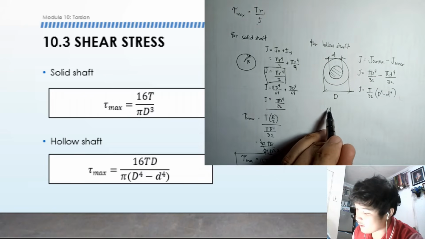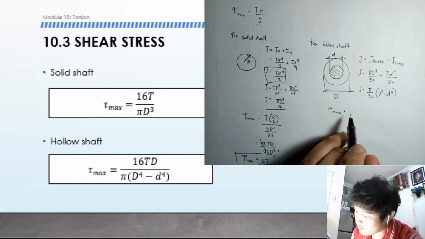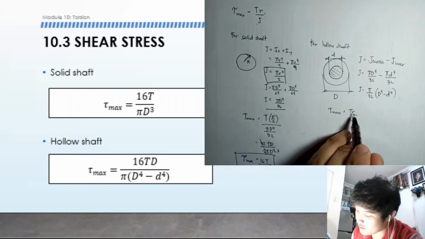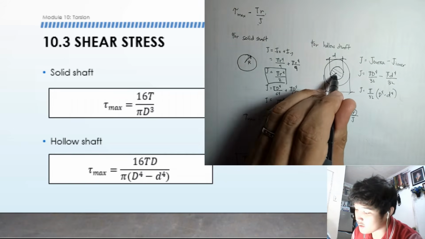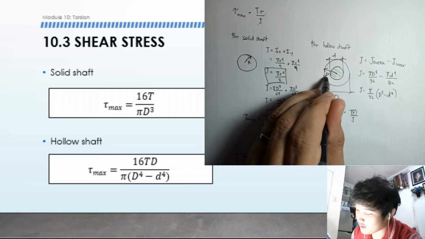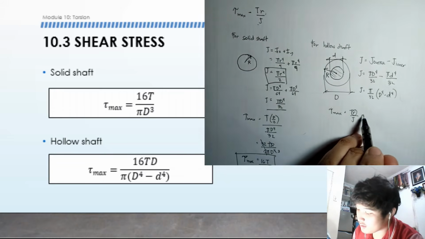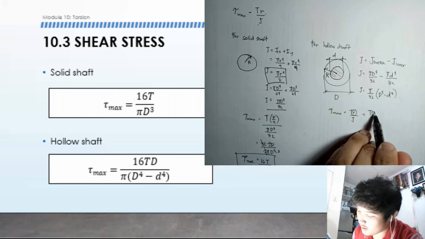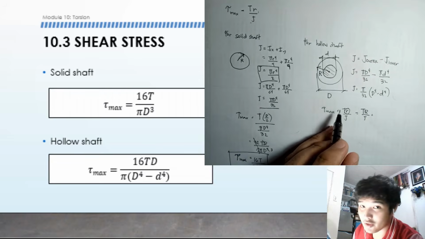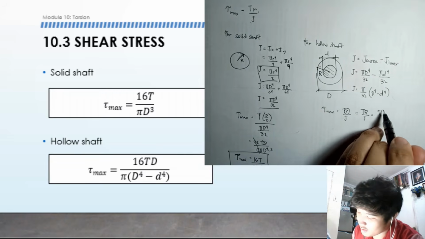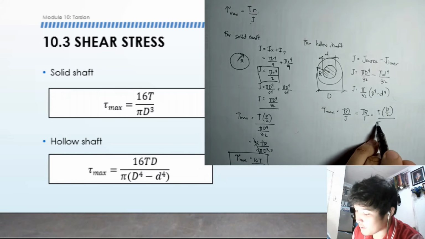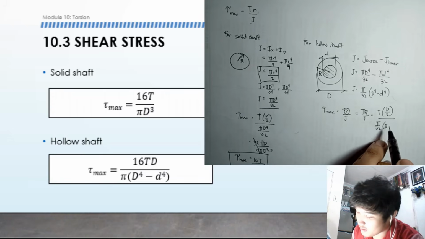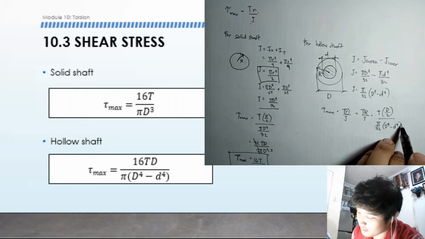Okay, so tau max is equal sa TR over J. So, sinong radius yung kukunin class? Eh, di ba maximum yung gusto nating makuha ang shear stress? So, yung maximum is nandun pa rin siya sa extreme fiber. So, yung gagamitin nating radius, yung capital R. Okay, so, kung magiging TR over J, eh, di in terms ng diameter, so that is T, and R is capital D over 2. And then yung J is pi over 32 times D raised to 4 minus d raised to 4.